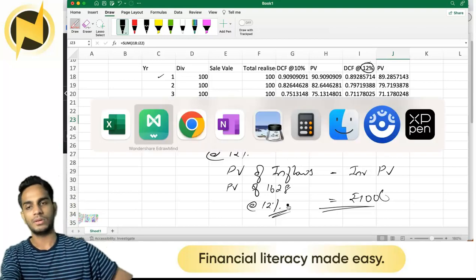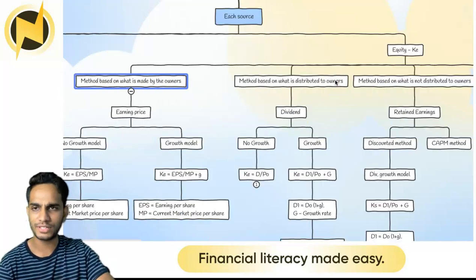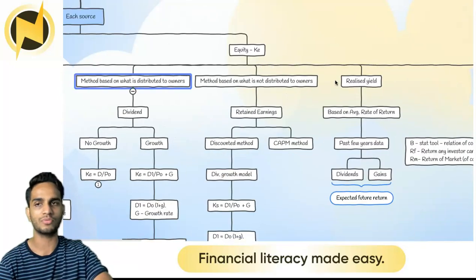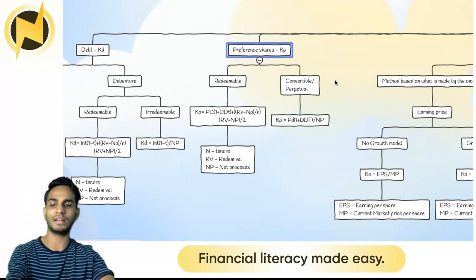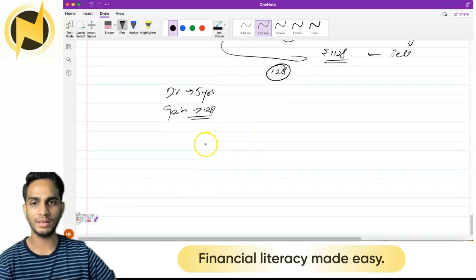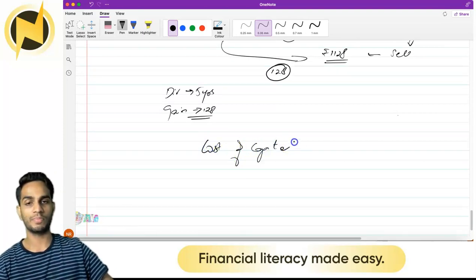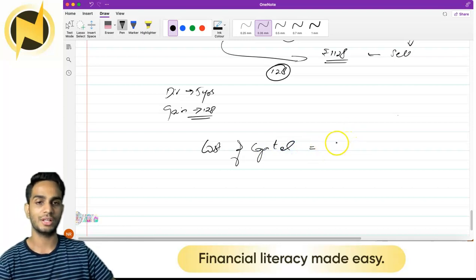Alright, so with that said, we have come to the end. I think we finished everything, right? Yeah, we finished all the 5 items. So we finished cost of equity, cost of debt, and cost of preference. So coming back to my note, always remember, cost of capital will follow a particular structure.